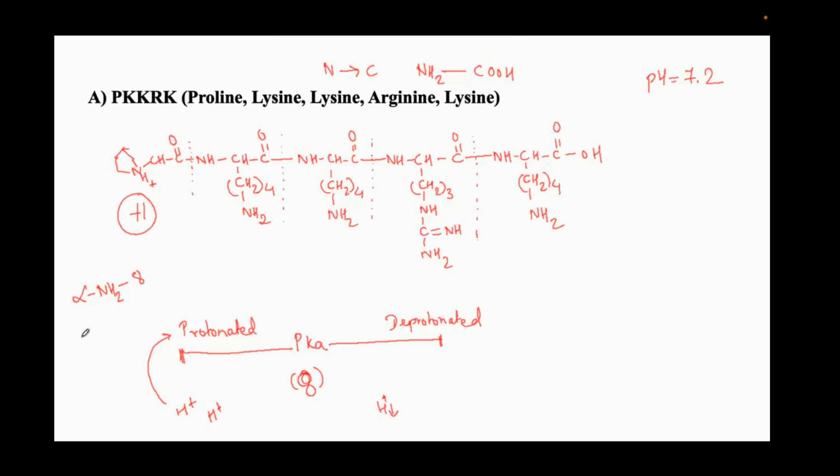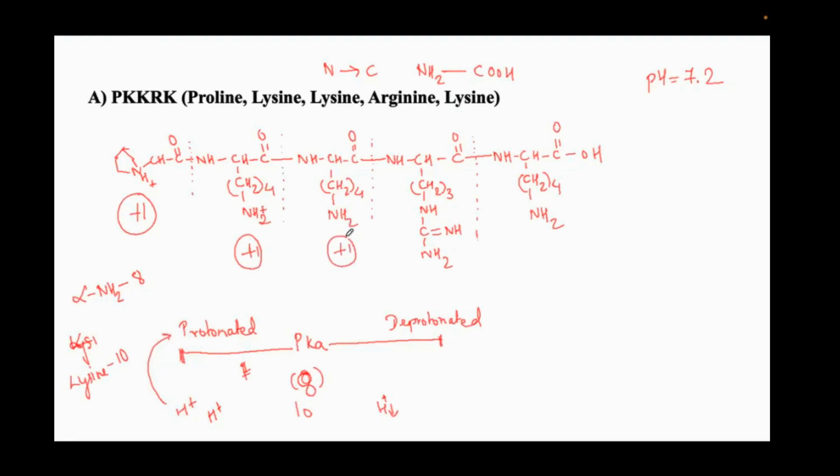Similarly, the lysine side chain has a pKa around 10. So at pH 7, the lysine will also be protonated. So this will have a +1.